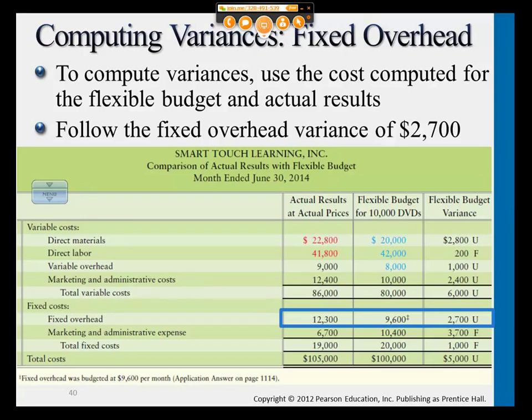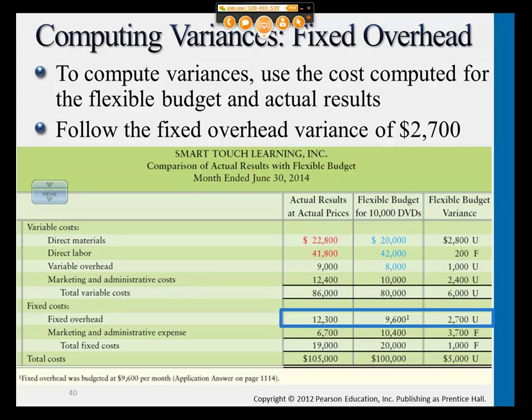So another thing that I want to quickly note here, when we're comparing our actual results with flexible budget, look at what we're looking at. If it's variable cost, we have our direct materials, direct labor, variable overhead, and some other administrative and marketing costs, right? And then we also have another section which is fixed costs, yeah? And fixed costs are composed of fixed overhead and other expenses.